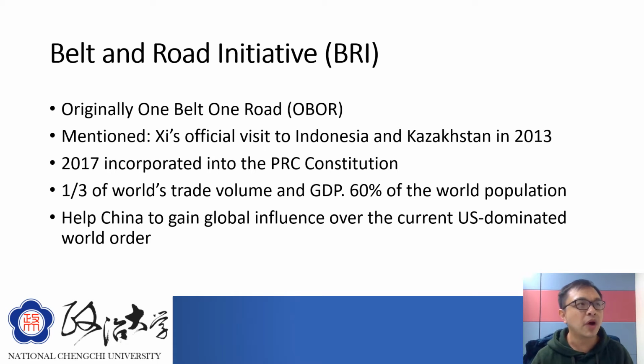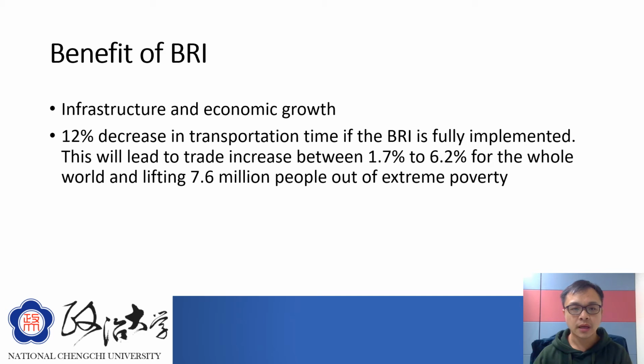The main purpose of having this kind of international big project plan is for China to be influential, to stand up to the current American-dominated world order, as China is rising. And we can all see that through the trade war and also some of the conflicts with the United States these days.